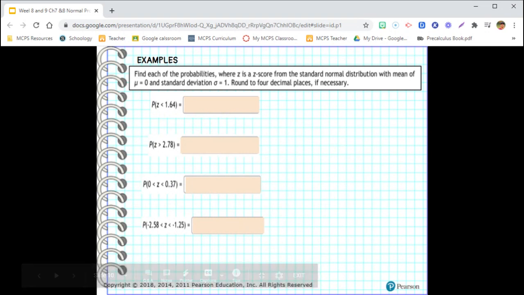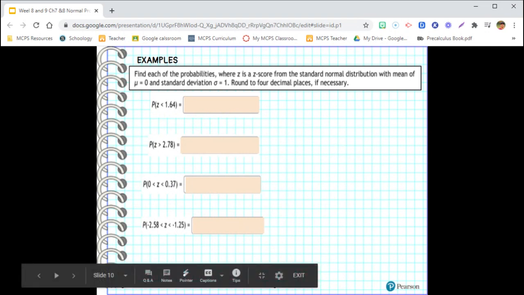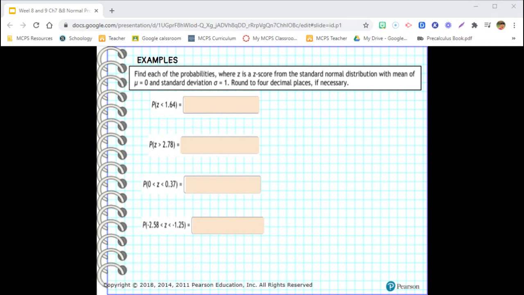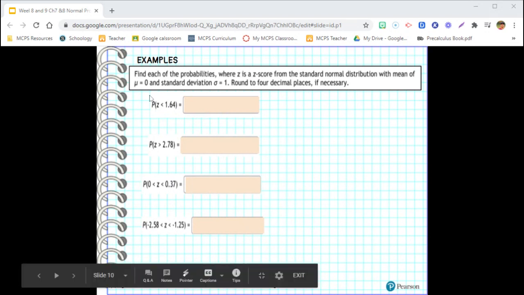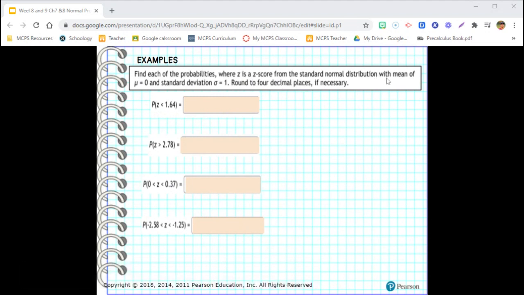Is there anyone here who has the same numbers for the homework? I got the first one. Find each probability where z is a z-score, standard normal distribution with mean of 0 and standard deviation of 1, round to four decimal places if necessary.